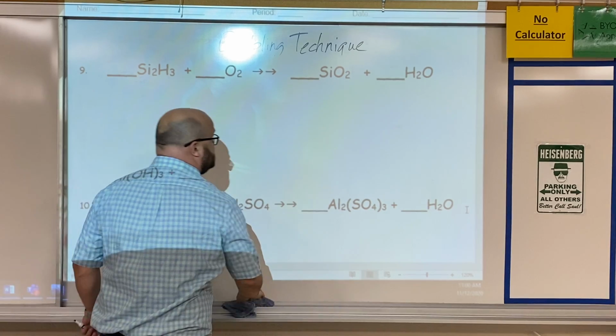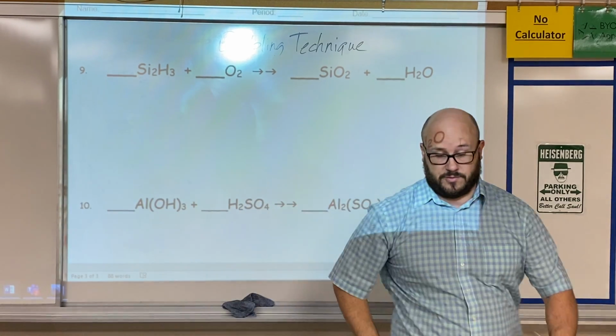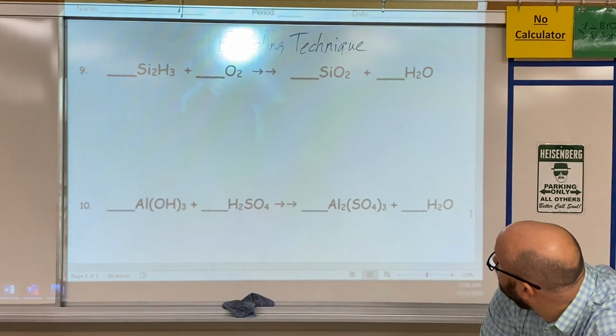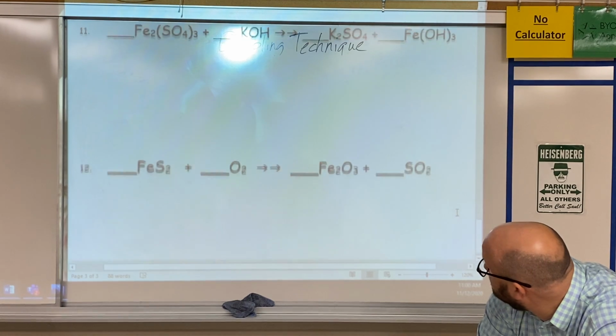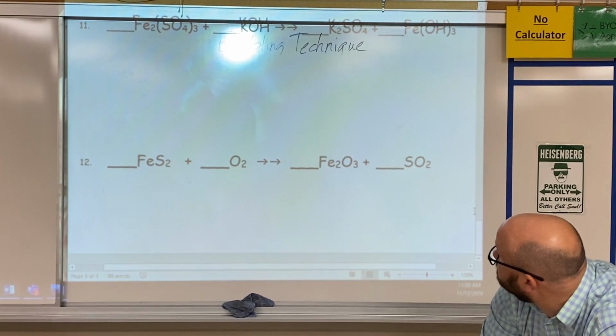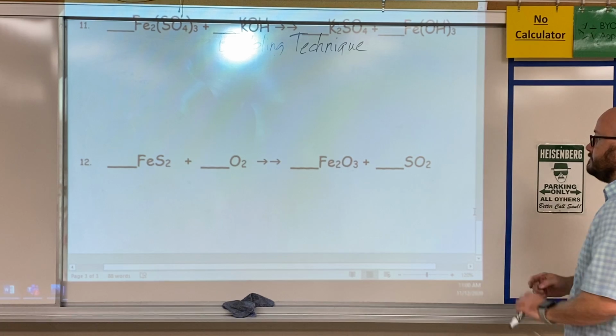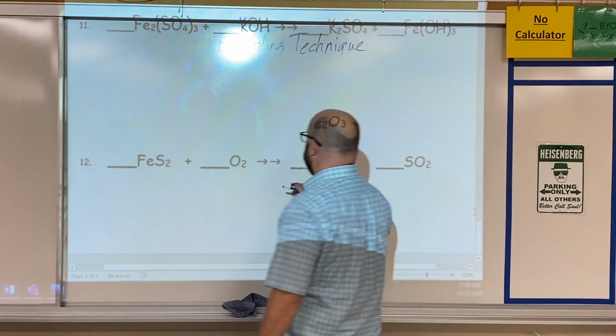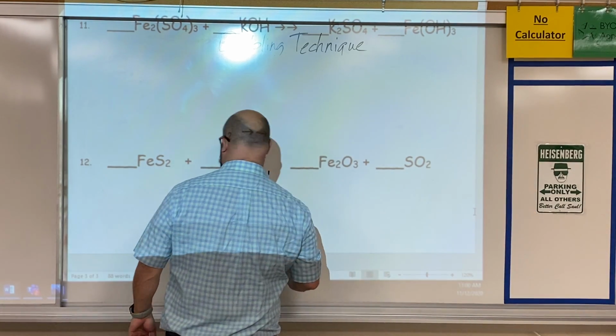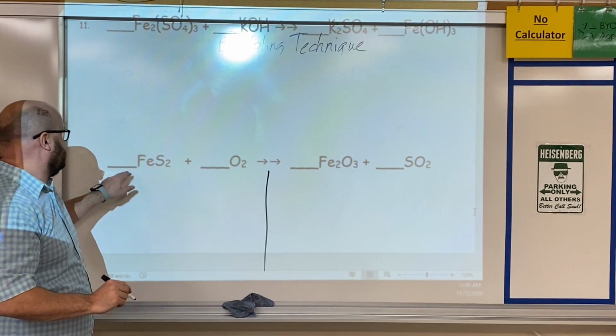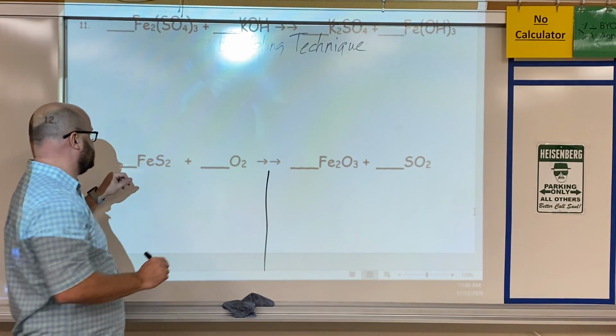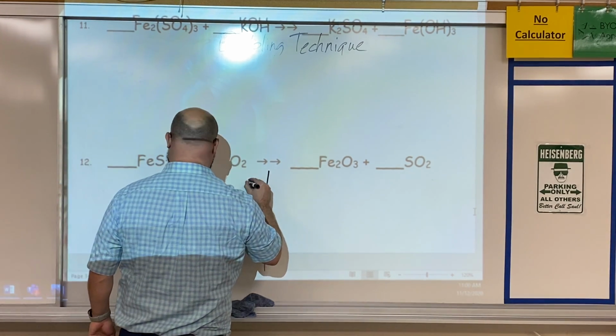And oftentimes you'll get some very large numbers while doing this technique. But as long as you can't reduce, it's all fine. All right, we've got FeS2 and O2.